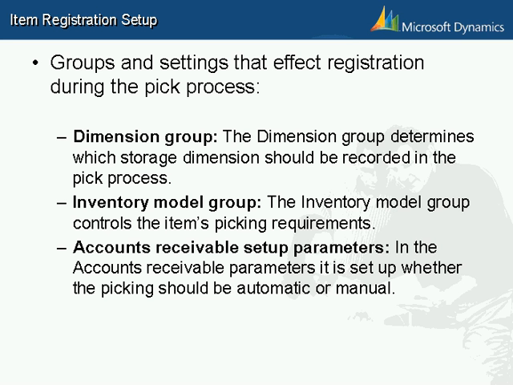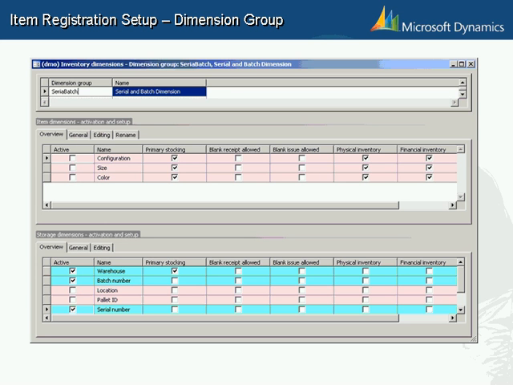The Dimension Group determines which storage dimensions should be recorded in the pick process. The Inventory Module Group controls the item's picking requirements. In the accounts receivable parameters, we set up whether the picking should be automatic, manual, or explosion.